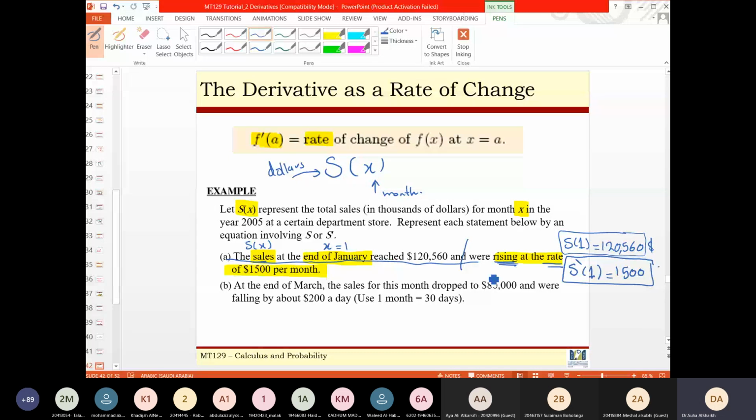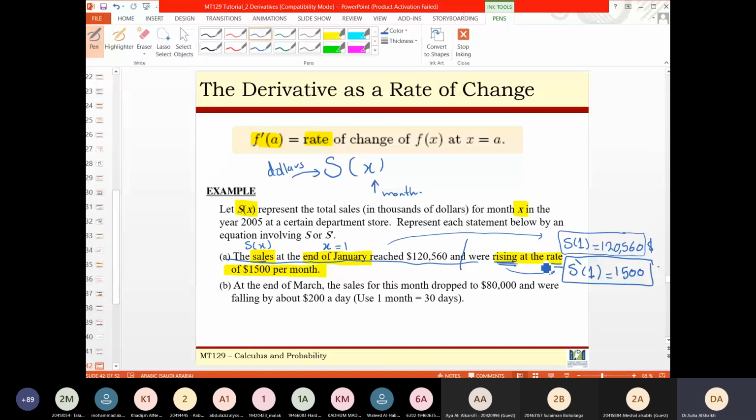So this is this, and this part is represented by this. Okay, there is a recording for this, no problem. You can re-attend the class later on. So all the time, when we see the word rising, when we see the words rate of change, when we see the word slope, all mean the derivative here.